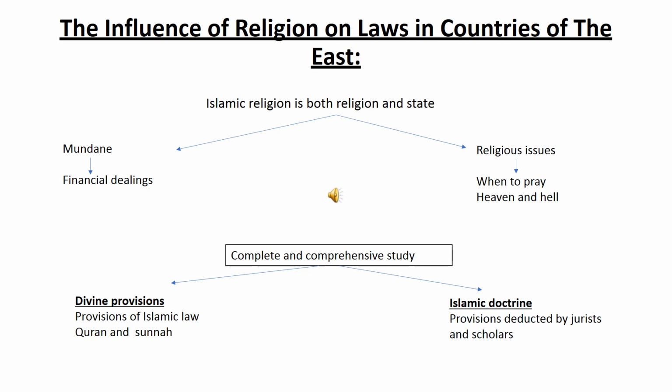So these are new issues and new problems that we later on faced, and the Muslim scholars like Abu Hanifa and the other scholars developed solutions to the problems based on and concluded from the Quran and Sunnah, and this is called Islamic doctrine.